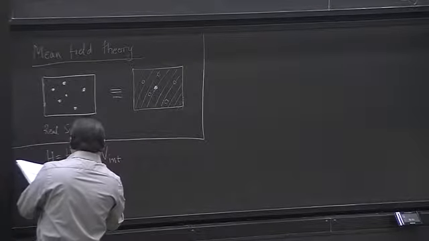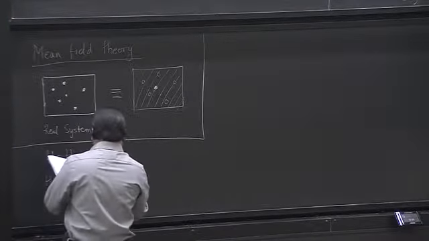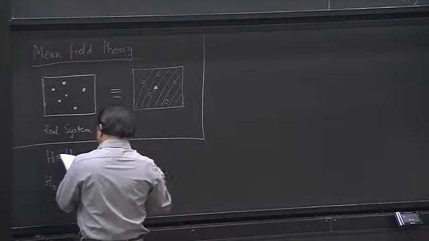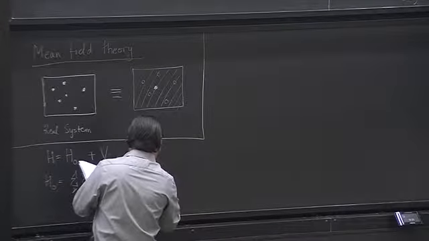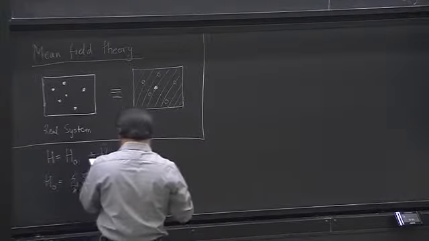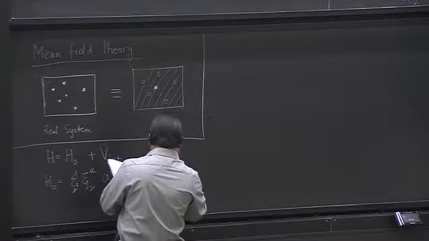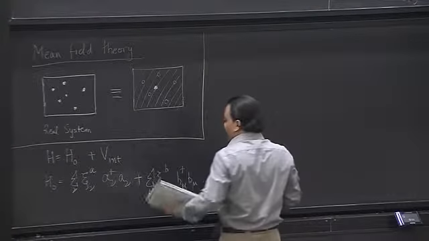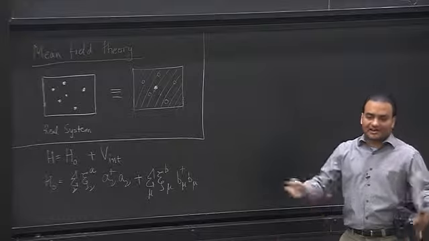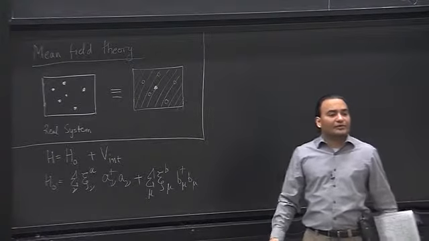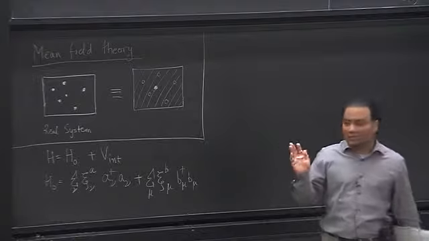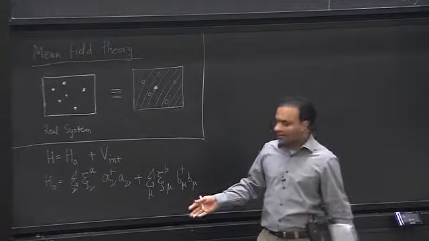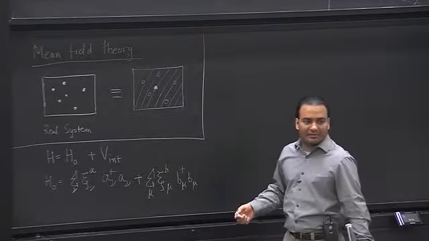So the H naught has a term which involves A operators and a term that involves B operators. So these nu and mu are some quantum numbers. If you use momentum eigenstates to define these for second quantization, then these will be the momentum values.